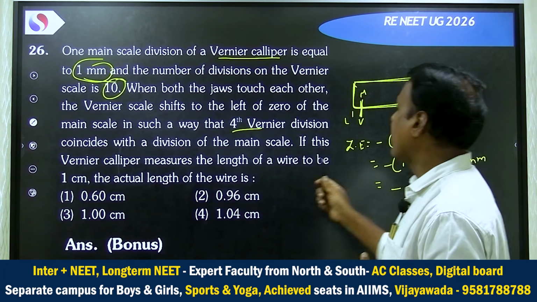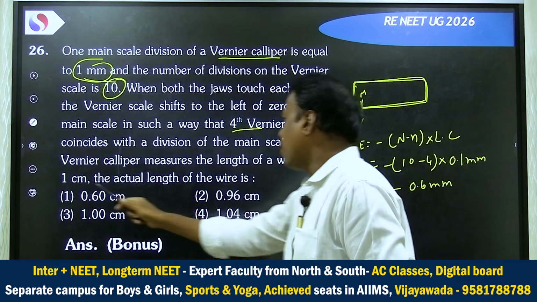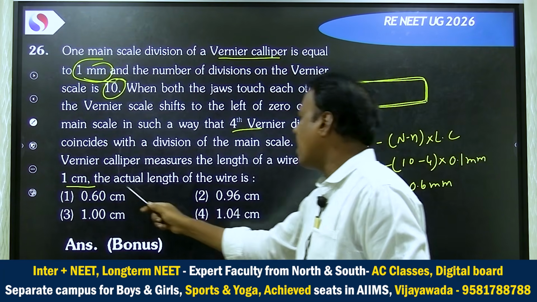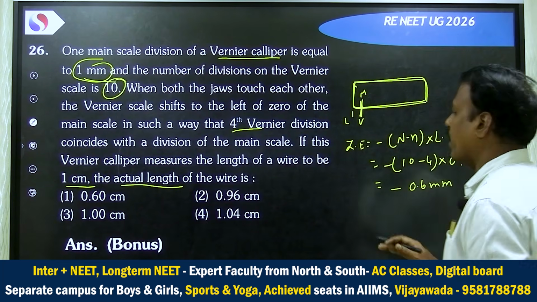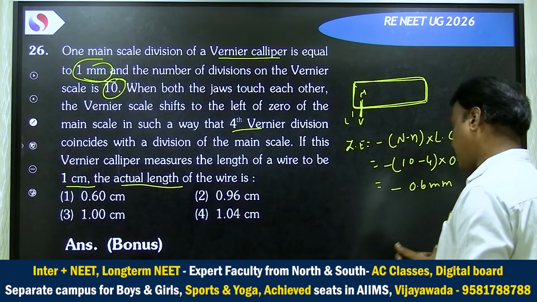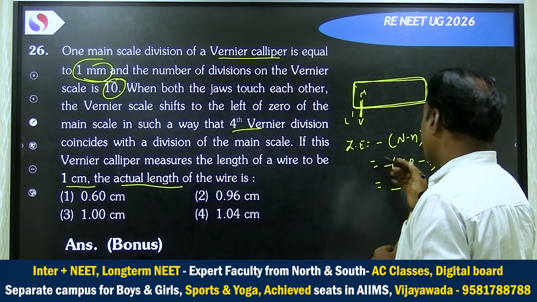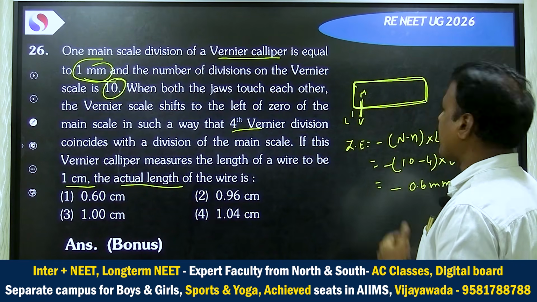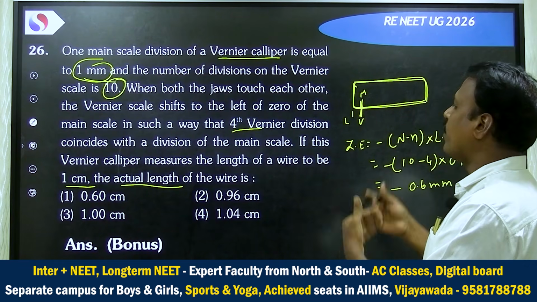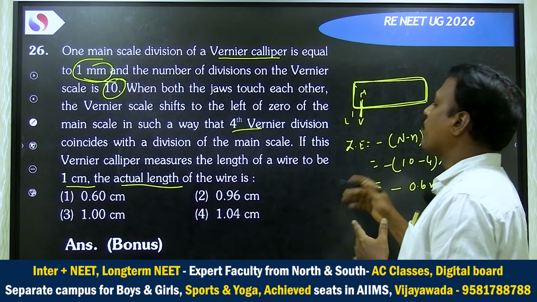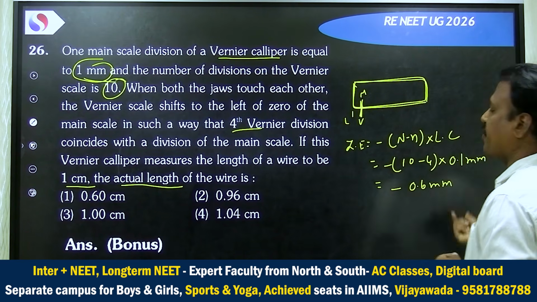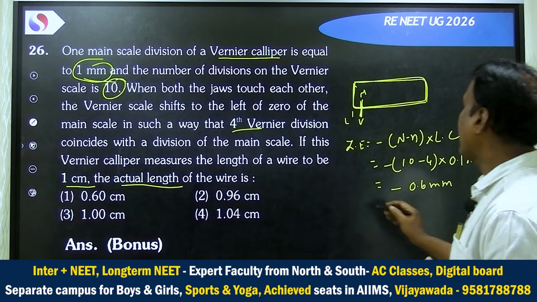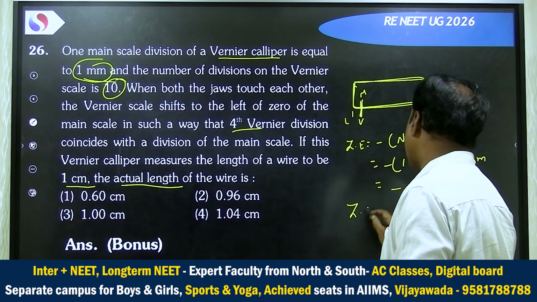Okay, and the length measured is given as 1 centimeter and they are asking for the actual length. In order to get the correct length of whatever you measured, the zero correction must be added. That means for positive error, the correction is negative. For negative error, the correction is positive.